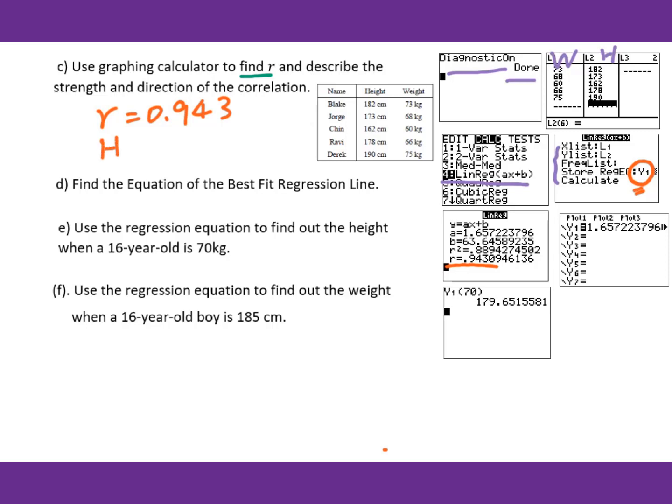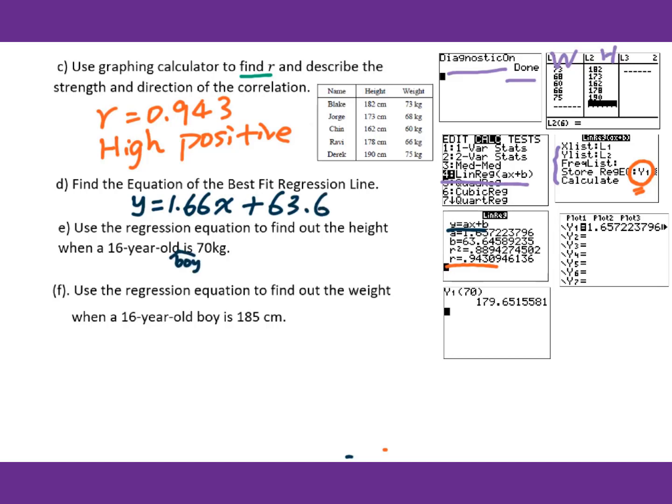It will be a high and positive correlation between weight and height. Then for D, find the equation of the best fit regression line. We already got this. So we write down y equals 1.66x plus 63.6.